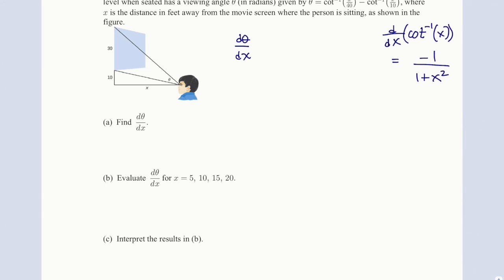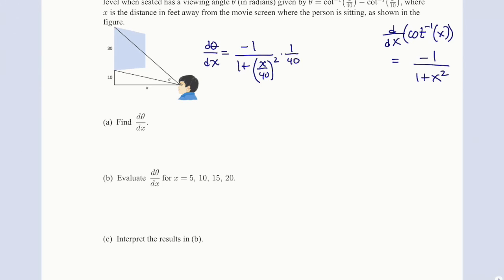So here, we want the derivative for inverse cotangent of x over 40. So instead of just this pattern, our input is x over 40. So we'll need negative 1 over 1 plus the input, which is not just x, it's x over 40 squared, times the derivative of the inside function. That inside function is just like a multiple of x, so the derivative will just be that multiple, so 1/40th.